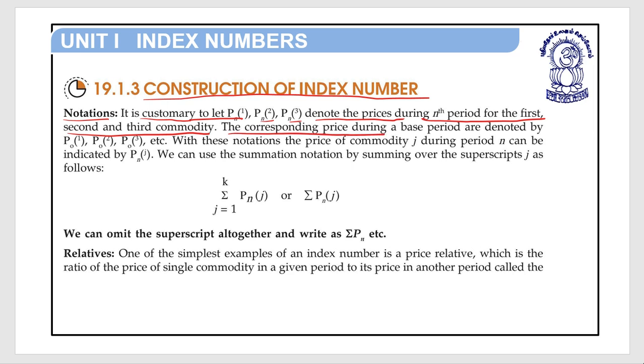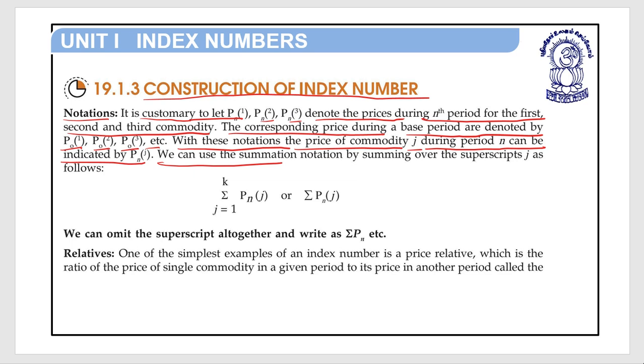The corresponding prices during a base period are denoted by P01, P02, P03, etc. With these notations, the price of commodity j during period n can be indicated by Pnj.